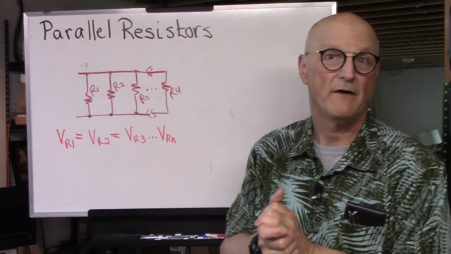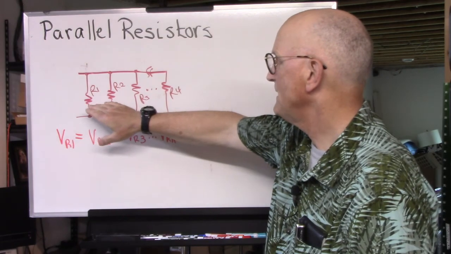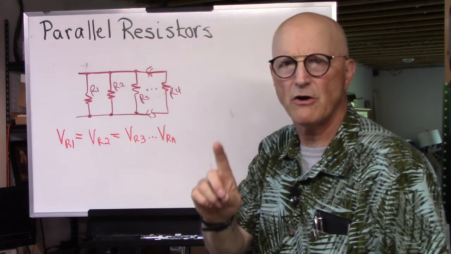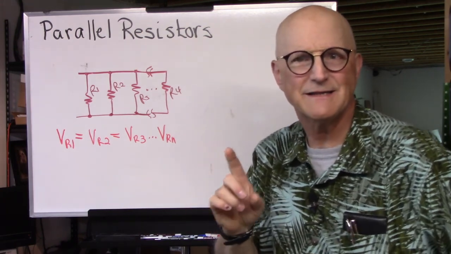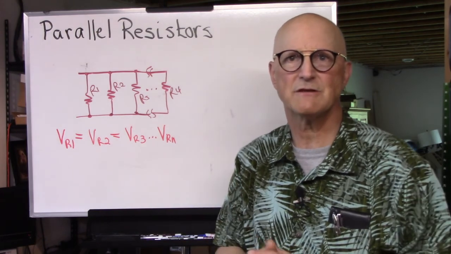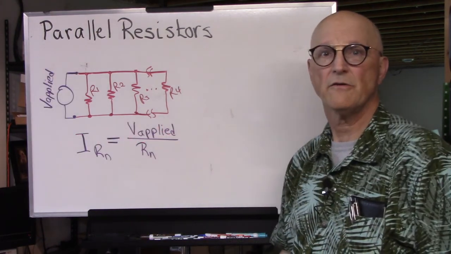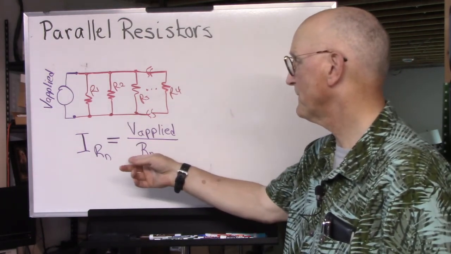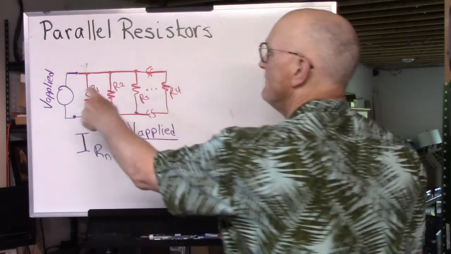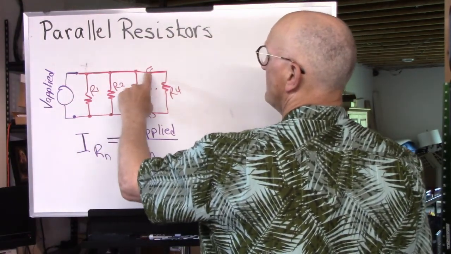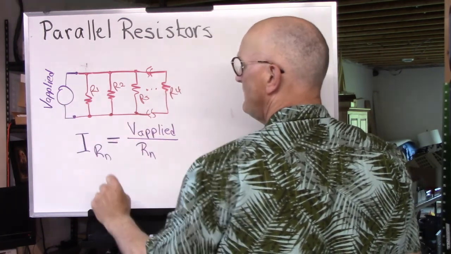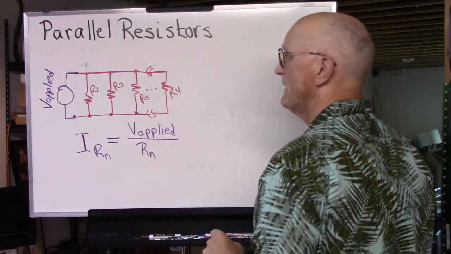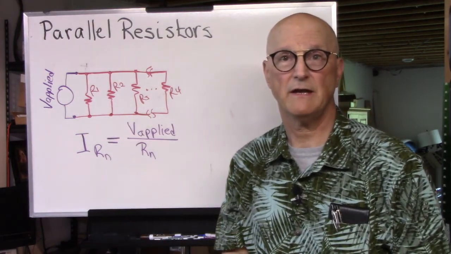On the other hand, if these resistors are different values and they have the same voltage across them, the current through any given resistor is not necessarily the same as other resistors in this parallel circuit. The current through any specific resistor, R sub n, may be found by this formula: the voltage applied across the resistors in parallel, divided by the particular resistance of the resistor in question.